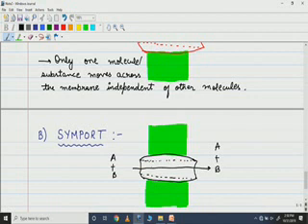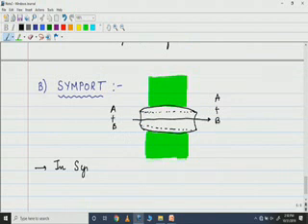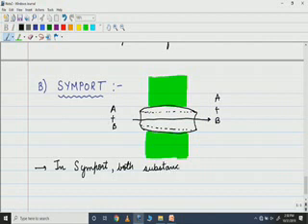So please write symport. In symport, both substances move across the membrane.